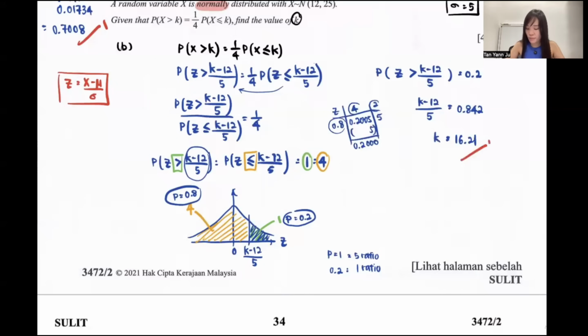Done. Here 1 mark getting 0.842, 1 mark getting 0.2, 1 mark getting the ratio out. Is it the ratio? Do the ratio have 1 mark? Oh, they don't even give you ratio 1 mark. They straight away give you 2 marks here.